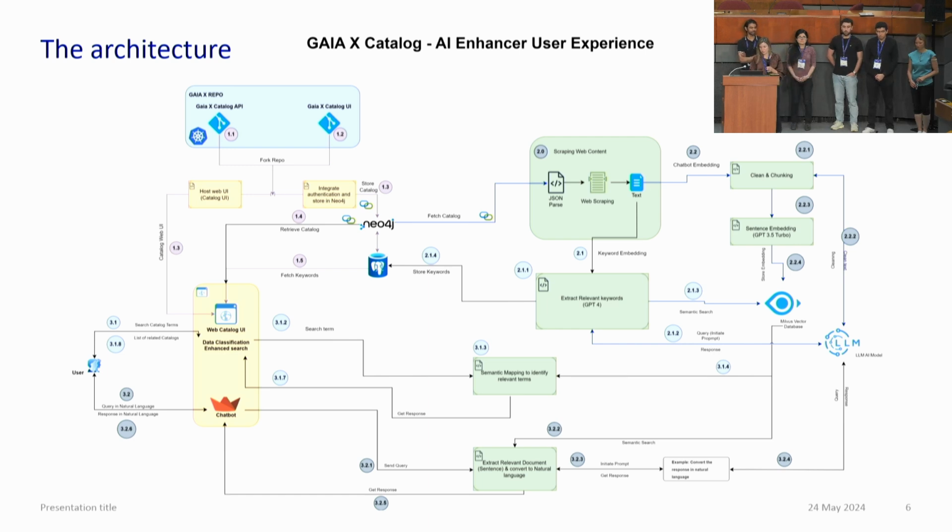Here at the top, we have the repositories that I was showing you. They use a Neo4j database and a Postgres database. We also used this Postgres database to store the keywords retrieved by the semantic search. From the CES endpoint, we parse all the JSONs that the CES contains.